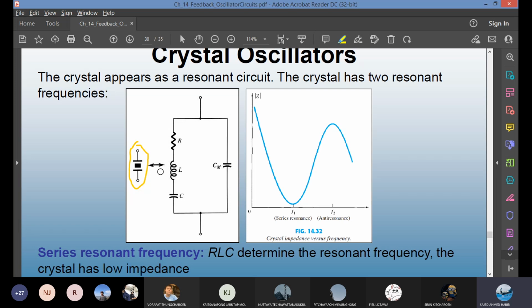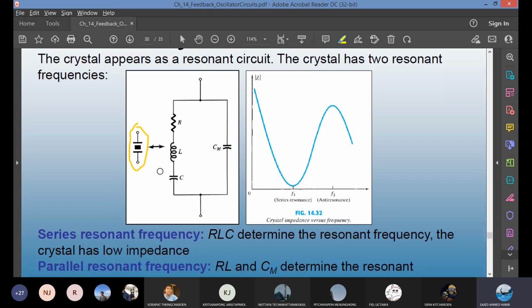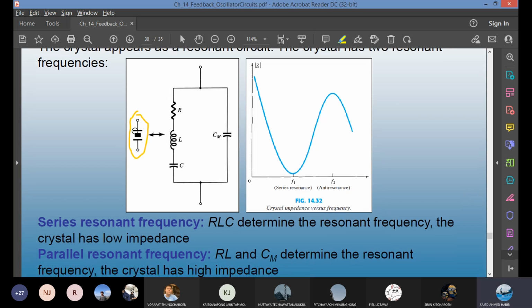This crystal oscillator has two resonant frequencies. The first one is the series resonant frequency. If you take the equivalent of the crystal and make an equivalent tank circuit, you see R, L, and C. When the crystal is vibrating at the series resonant frequency, RLC will determine the resonant frequency, and the crystal has a low impedance.